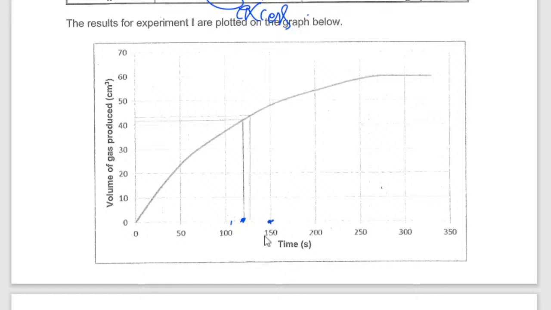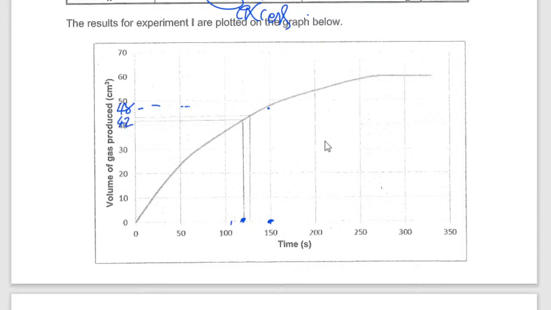So it's 150. So when I do it, the final is around 48, and the initial is around 42.